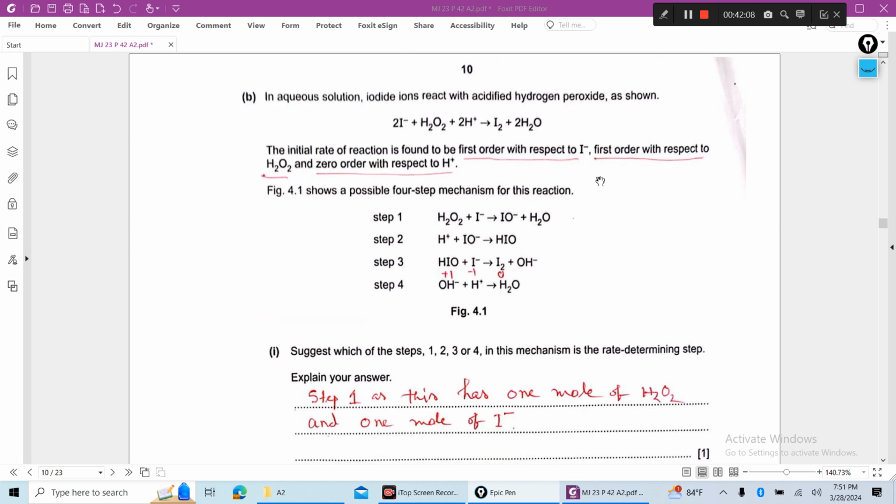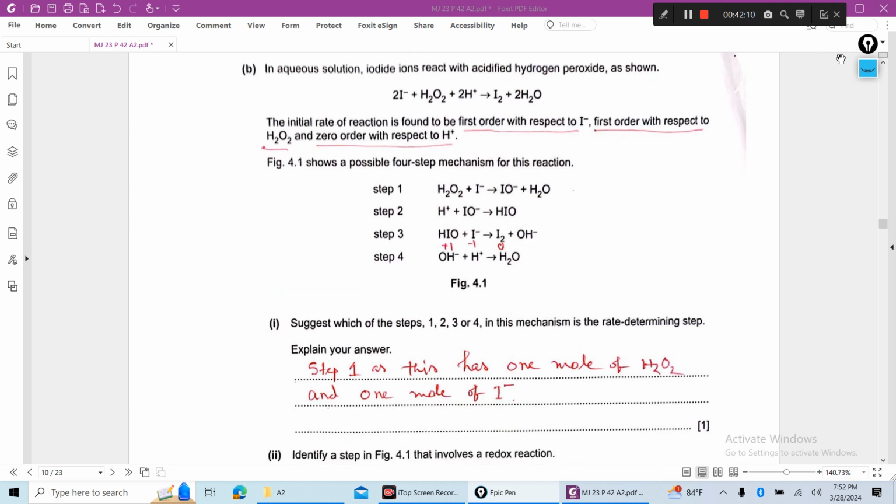Next, in aqueous solution, iodide ion reacts with acidified hydrogen peroxide as shown. Iodide ion reacts with hydrogen peroxide in acidic medium to produce iodine and water.